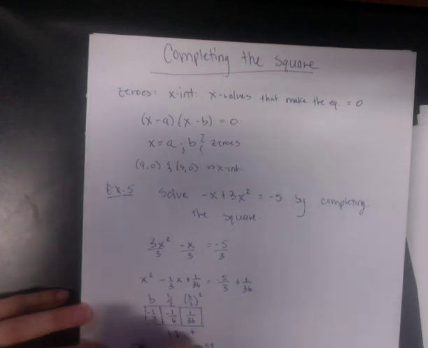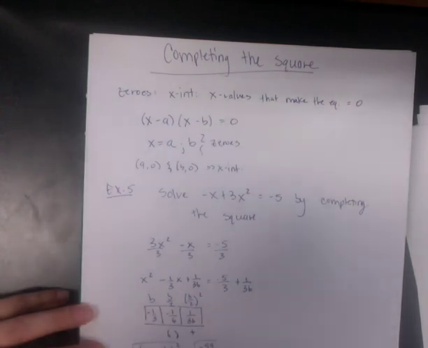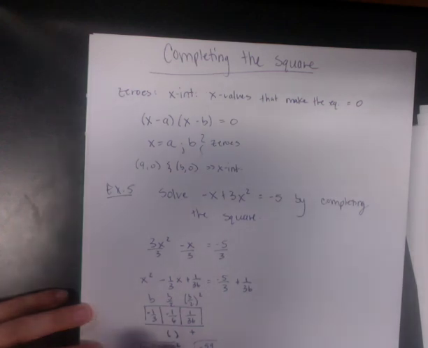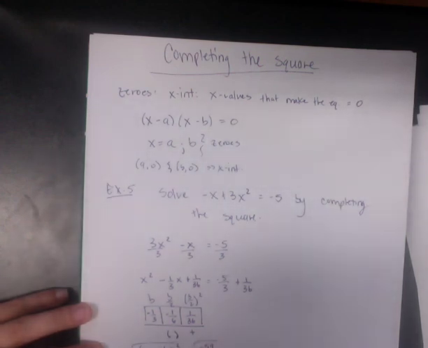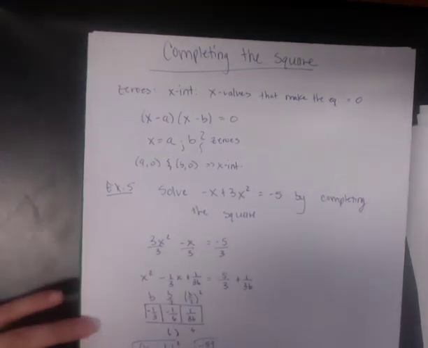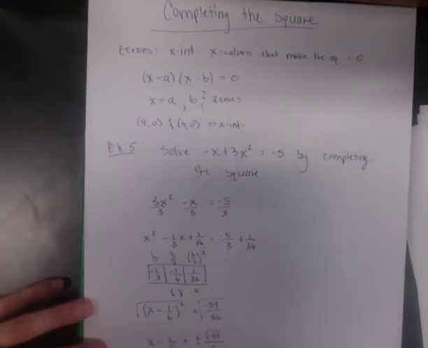So from here I'm going to take the square root of both sides. The square root on this side cancels my squared, leaving me with x minus 1 over 6 equals, over here I will have plus or minus the square root of negative 59 over 6. Square root of 36 is 6. Now we know if we have the square root of a negative number, I can rewrite that.